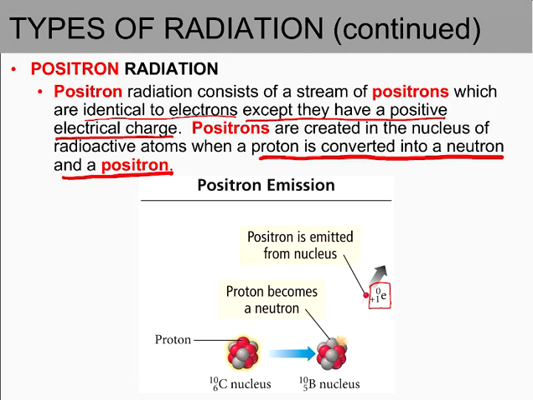Down below, we have carbon-10, and one of the protons in carbon-10 turns into a neutron and then emits a positron. So a proton is losing its positive charge and becoming neutral.